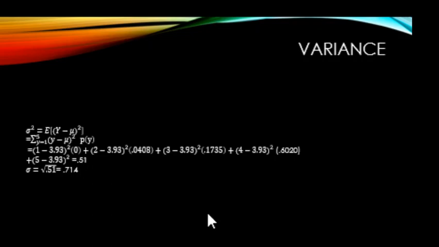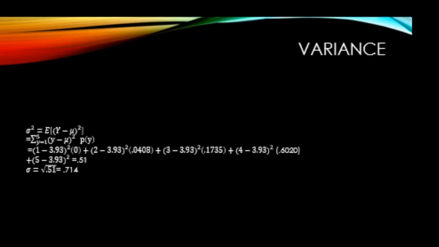Okay, now let's look at how to calculate sigma squared, the variance. It is the expected value of (y minus mu) whole squared. So we take each value of y, subtract the mean from it, square it, and multiply by its probability. It's similar to how we calculated the variance in chapter 2.